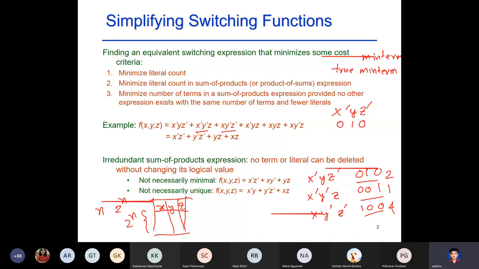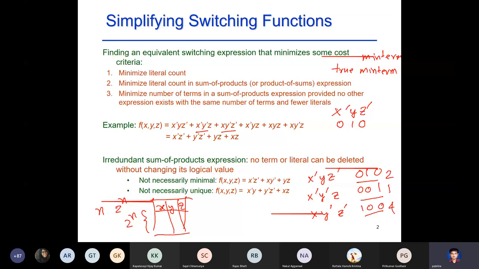All right. So what we'll do next is, given this sum of product representation as a sum of all the true min terms, we'll try to simplify or reduce it by having a two-dimensional, grid-like representation of the truth table, which is the Karnaugh map. How does this Karnaugh map help us?